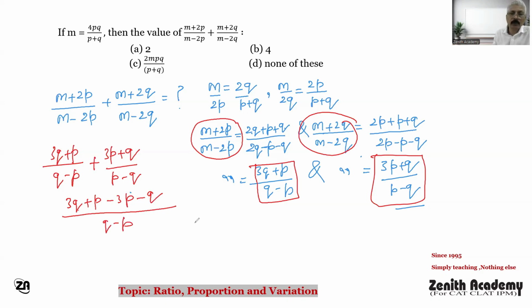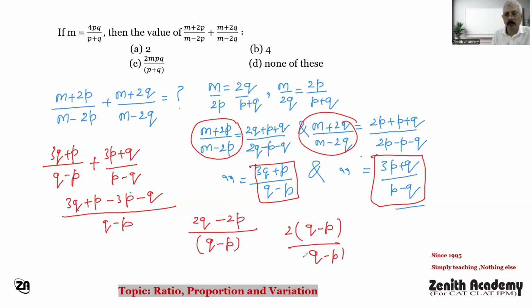So 3q minus q, 2q, and p minus 3p, minus 2p. So here take common 2, q minus p upon q minus p, answer equal to 2. So it is a good question based on componendo dividendo.